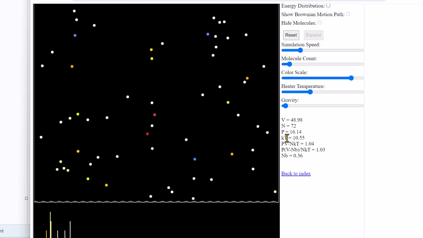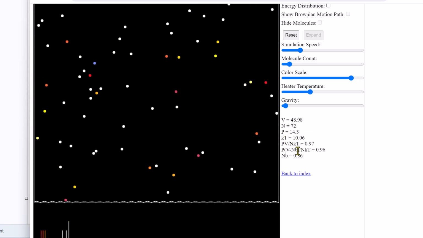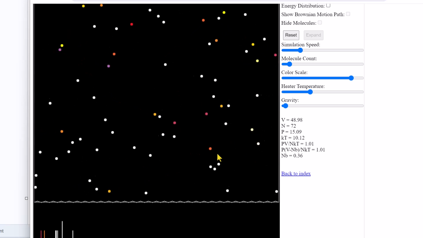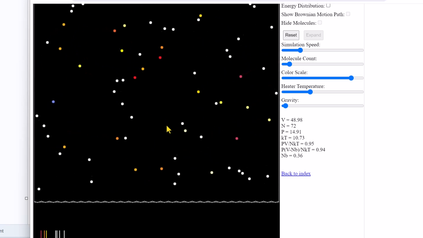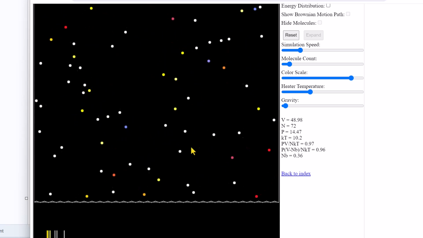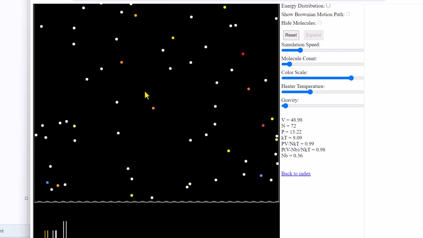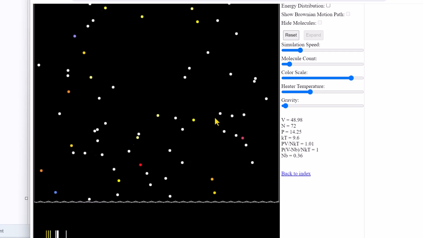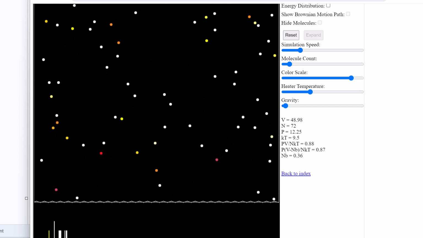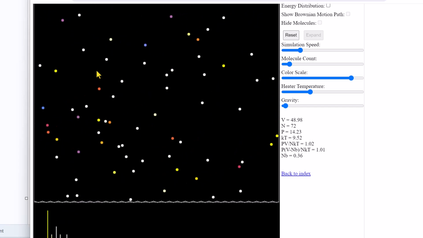In other words, we have a Kelvin temperature of, this seems to be arbitrary, 10.3. I presume that's a Kelvin temperature. And even though we have one constant temperature, notice the temperature is 10.2, 10.05. That's what the simulation is. These molecules don't have the same speed. The red ones and the purple ones are the slowest moving. So I'm going to look around to see if I can find a blue one.